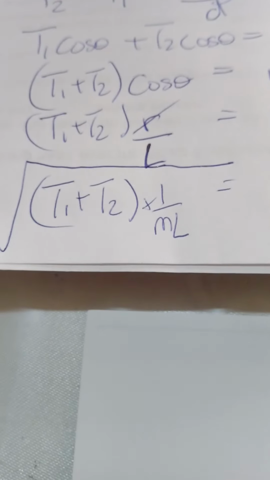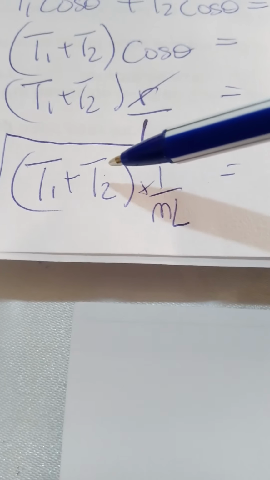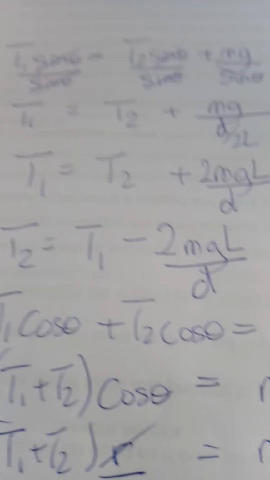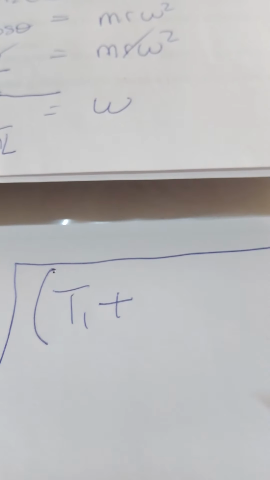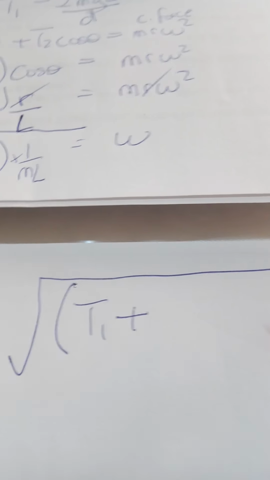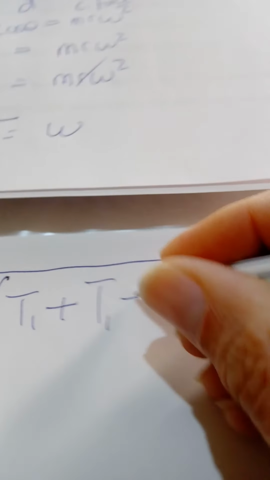And to continue now, what I need to do is substitute T2. Instead of T2, I'll put T1 minus 2mgL on d, because we've already proven that. So for omega, I can get T1 plus, and instead of T2, I'll write down T1 minus 2mgL over d, and all of that is equal to omega.